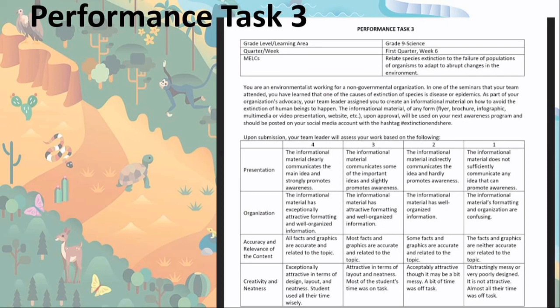The informational material can be of any form like flyer, brochure, infographic, multimedia, or video presentation. Upon approval, it will be used in your next awareness program and should be posted on your social media account with the hashtag Extinction and Share.